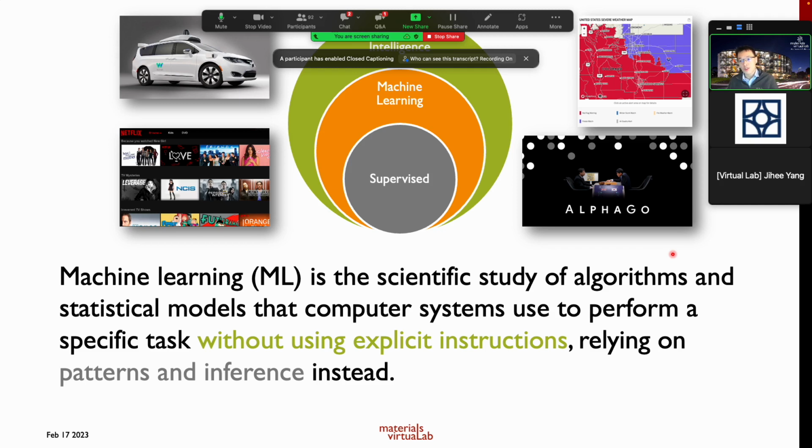If we are talking about supervised learning, we give it a set of inputs and the corresponding outputs, and the algorithm learns the relationship between the inputs and outputs, okay?